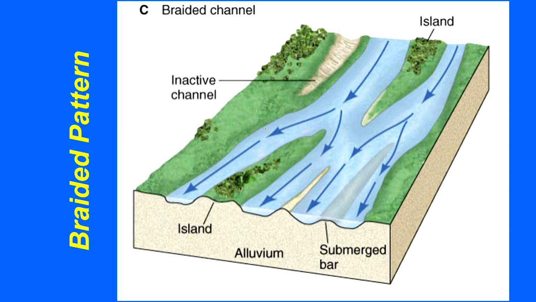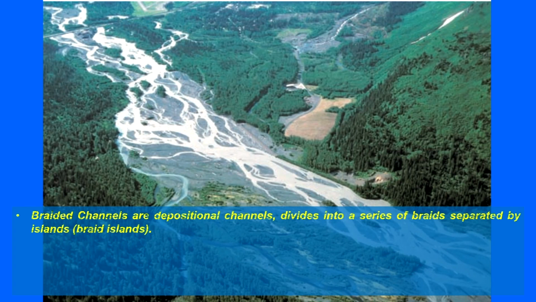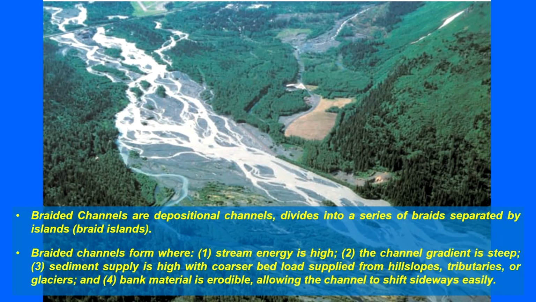Okay. So another one is your braided streams, which have multiple channels connecting further downstream with the main channel. So braided streams are depositional channels that divide into a series of braids separated by islands, that is your braid bars, or you can say braided islands. Okay. So the conditions for braided channel formation are that the stream's energy is high and the channel gradient is steep.